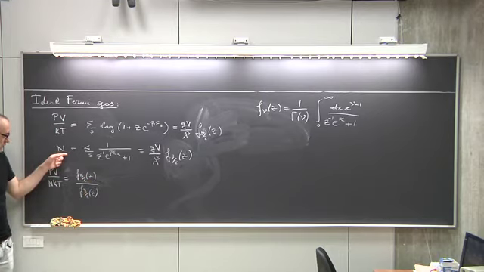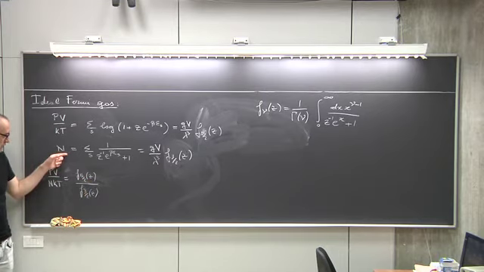Sorry, let me write it here, e to the minus n plus 1 times x. And now, yes, there is also minus 1 to the n. Okay, because there is a plus here.